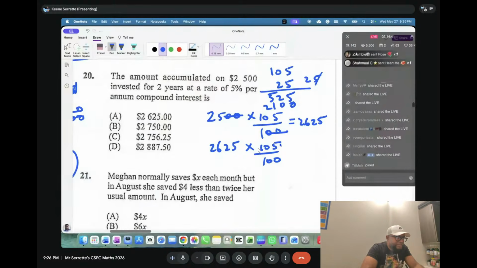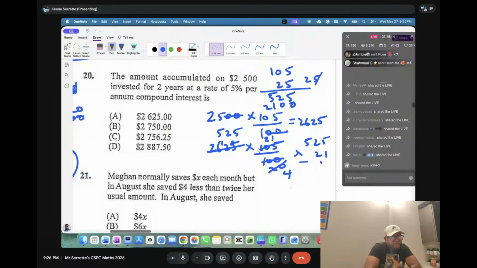When you work out this, what are we going to do? 5 into this will be 21. 5 into this is 20. 5 into this would be 4. 5 into this is what? 525. 525 multiplied by 21 will give me what?